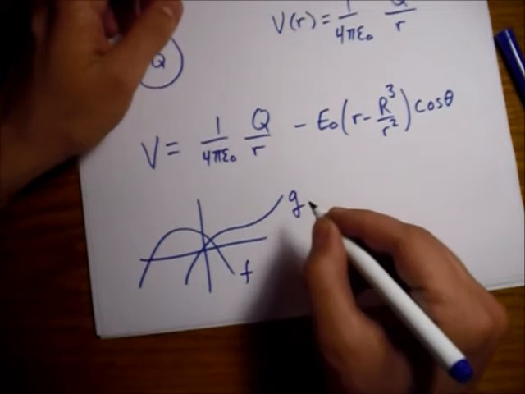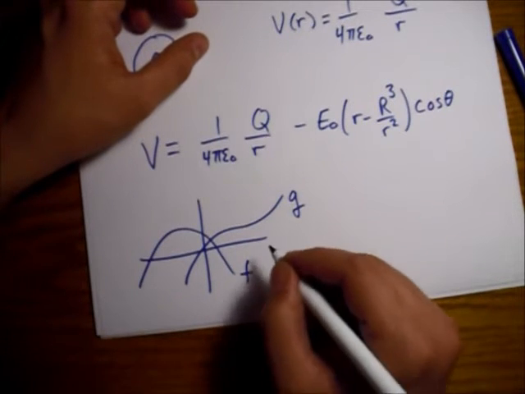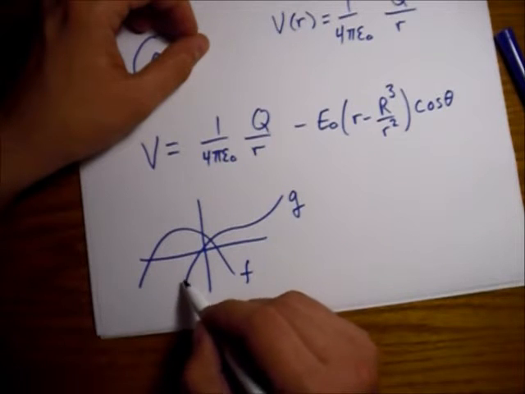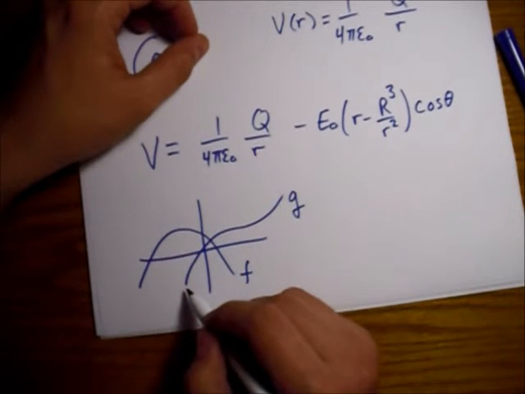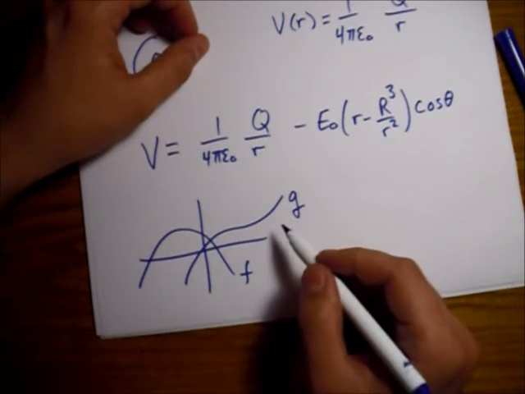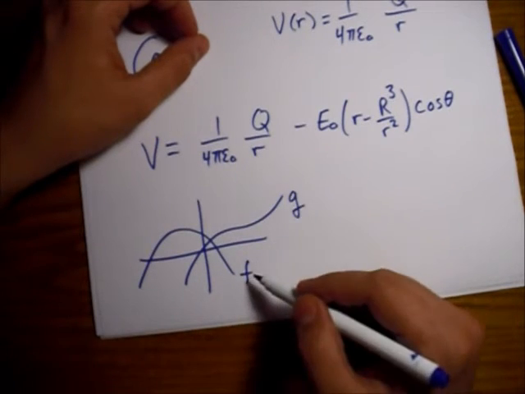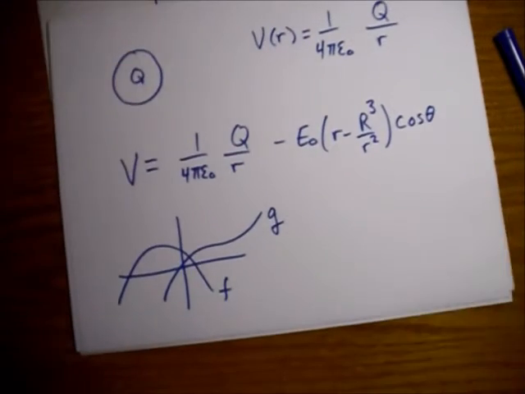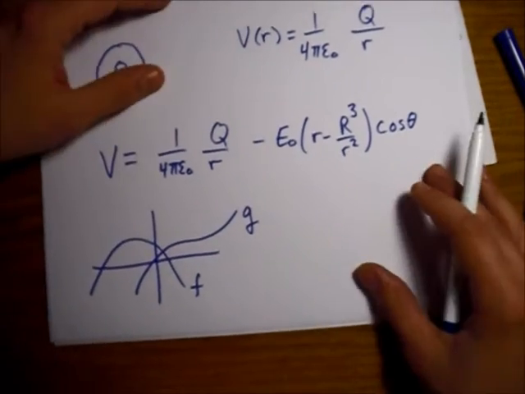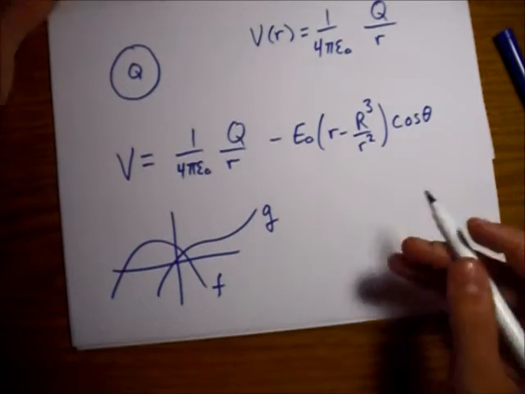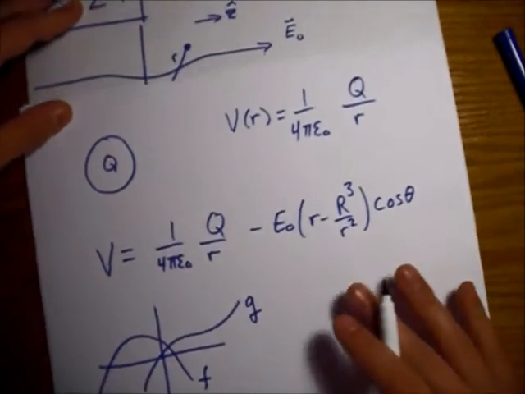The only ways for the sum of these two functions to equal 0 is if they happen to be equal and opposite, so they cancel each other out, or if they both happen to equal 0.